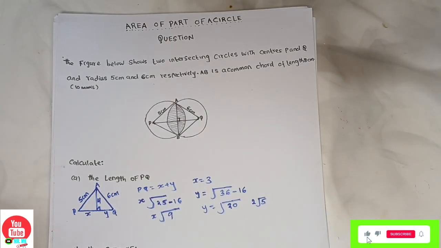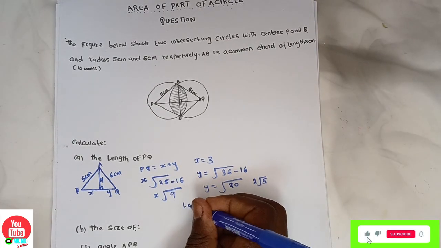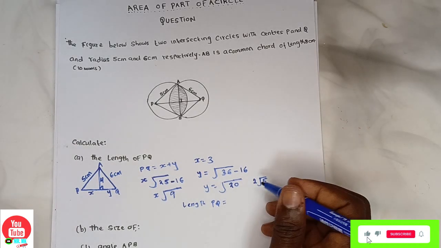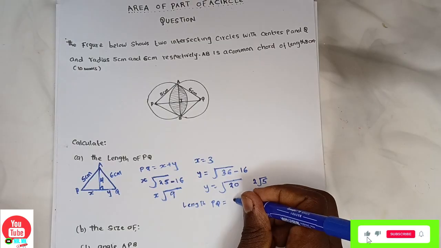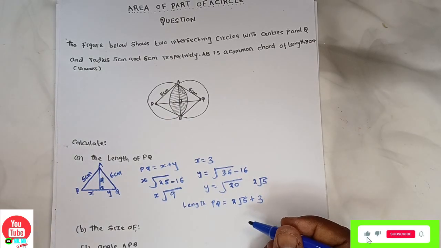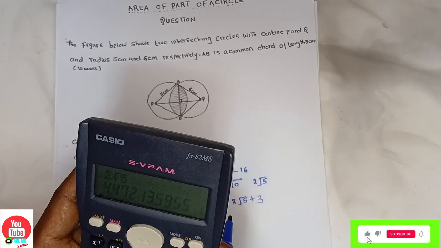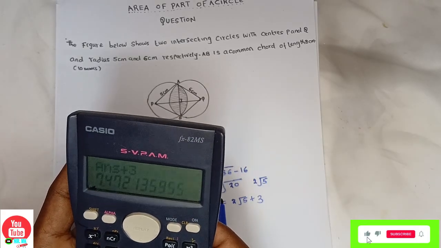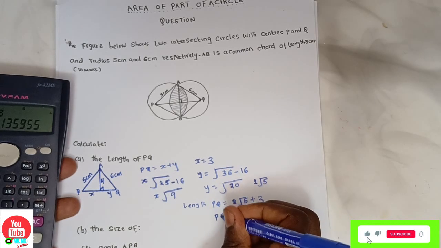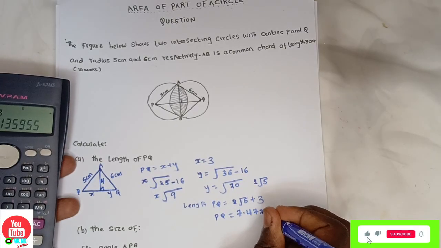For that case now, the length of PQ will be 2 root 5 plus 3. 2 root 5 is just the same as 4.472, plus 3, which is 7.4721.